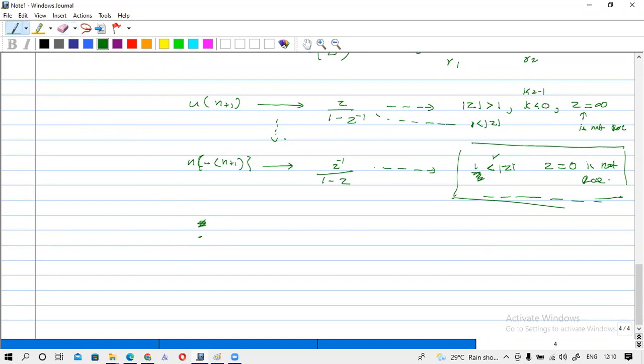If I get the Z transform of u[-n-1], it will be z minus 1 by z, and the ROC will be 1 is greater than z, and z equal to 0 is not in the ROC. So this will be your Z transform, and this will be your ROC. Okay, correct.